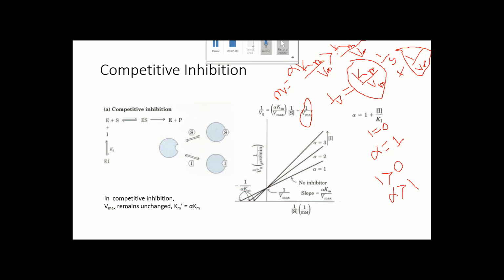Km dash, the Km in the presence of the inhibitor, is alpha Km, and Vmax dash will be Vmax because Vmax is unchanged. So in competitive inhibition, Vmax remains unchanged, but Km is changed to alpha into Km, right?